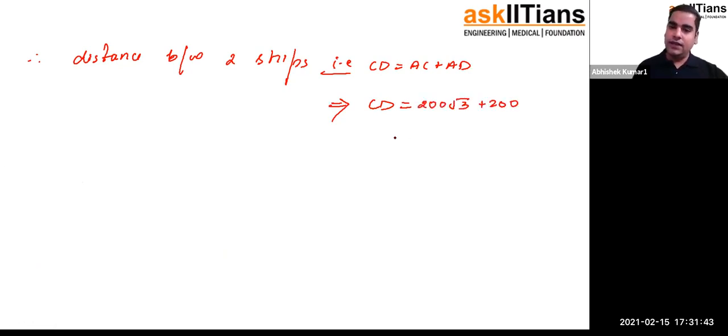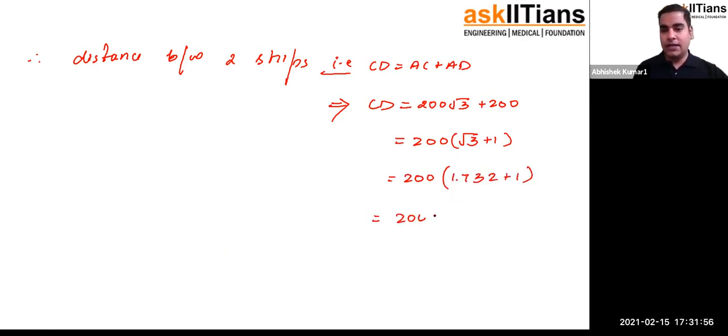You can take 200 common, you will get root 3 plus 1, right? Root 3 is 1.732, so you have 1.732 plus 1. So you will be getting 200 multiplied by 2.732. You can remove the decimal and you will get 1000, right? These two zeros will cancel these two zeros.